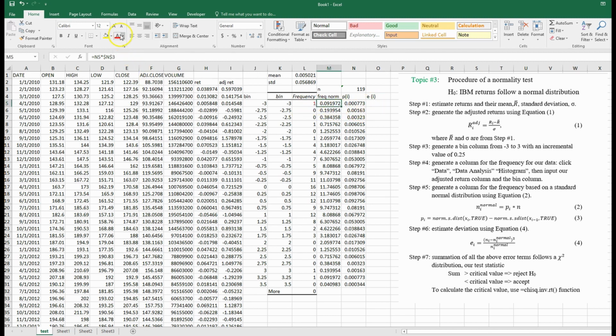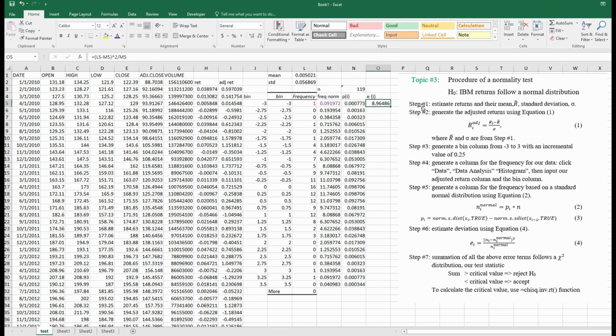To calculate the chi-square critical value, we need two numbers. One is alpha, so let's assume 5%. The second value is the degree of freedom, so let's count how many bins we have. The critical value is our chi-square critical value.